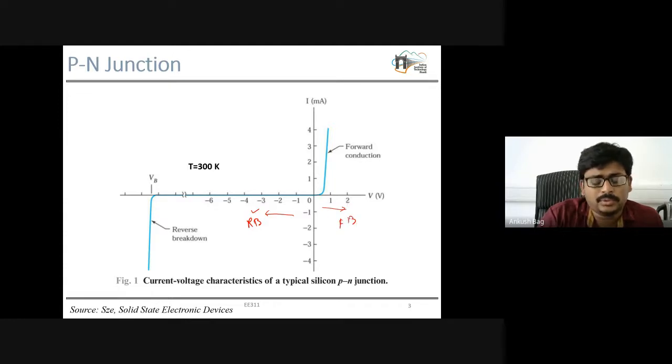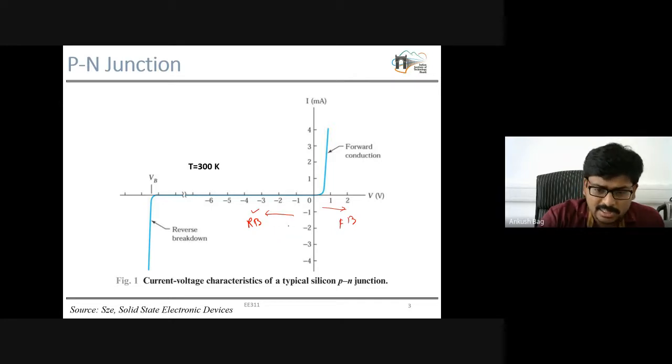You know certain concepts, like there is a depletion region, and that width will decrease or increase, from some top level abstraction point of view. Once again, we'll try to look into details of how this behavior or the current voltage characteristics appears in a normal PN junction diode.